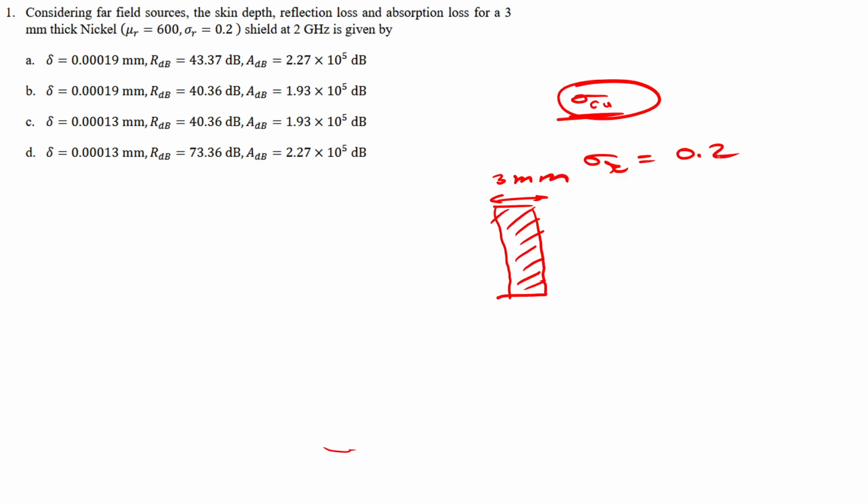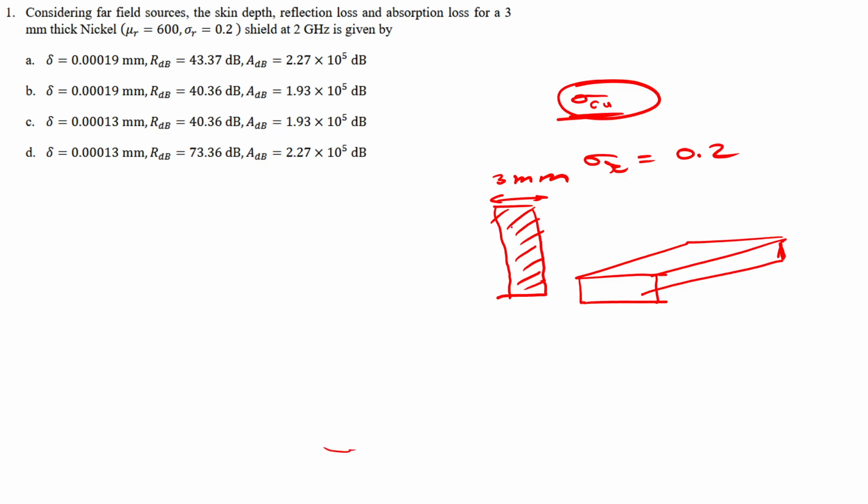Let's say there is a box or some electronic device which is contained inside a container or a shield which is made up of nickel whose thickness is 3 millimeters.